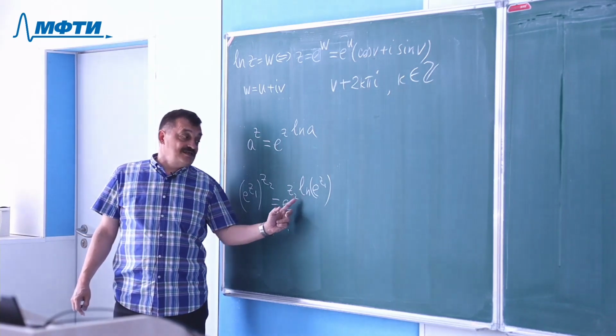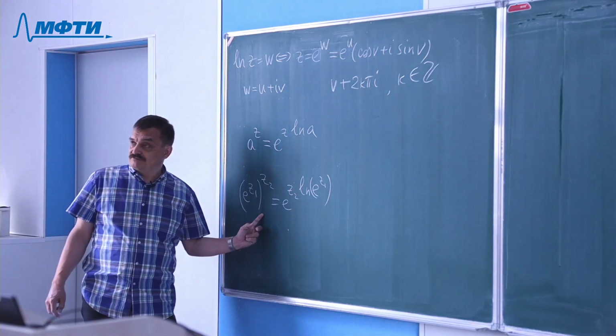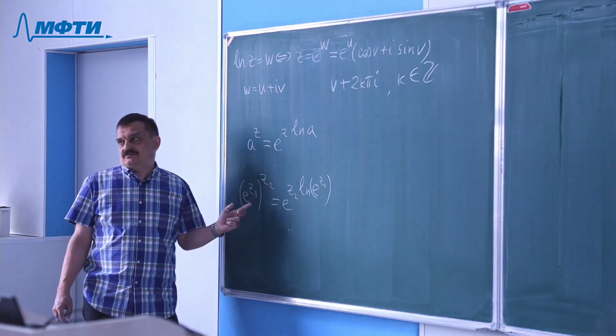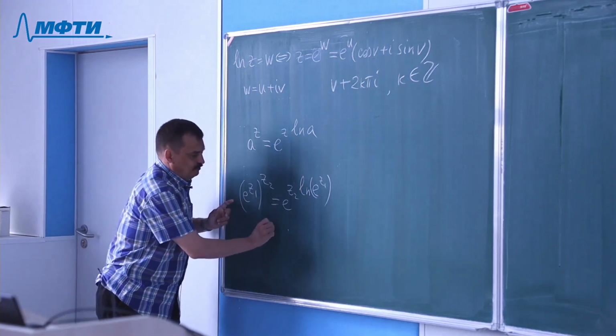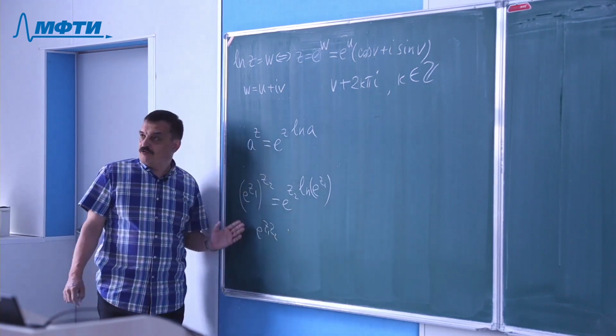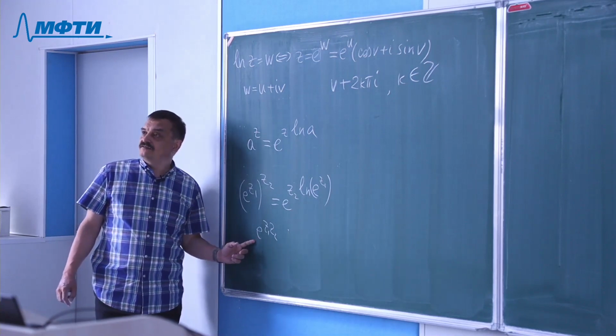So it means that this expression has infinitely many values, including e to the power z1 times z2. So they are quite different. This is well defined, right?